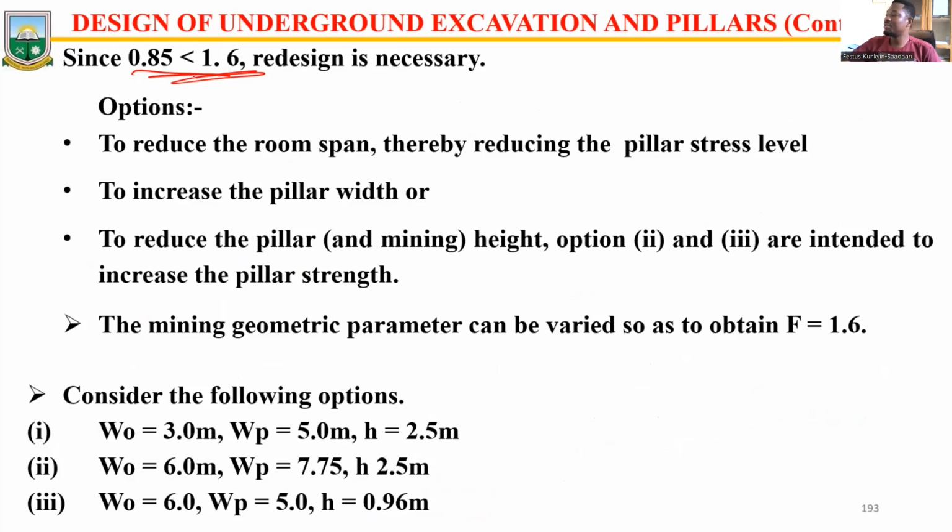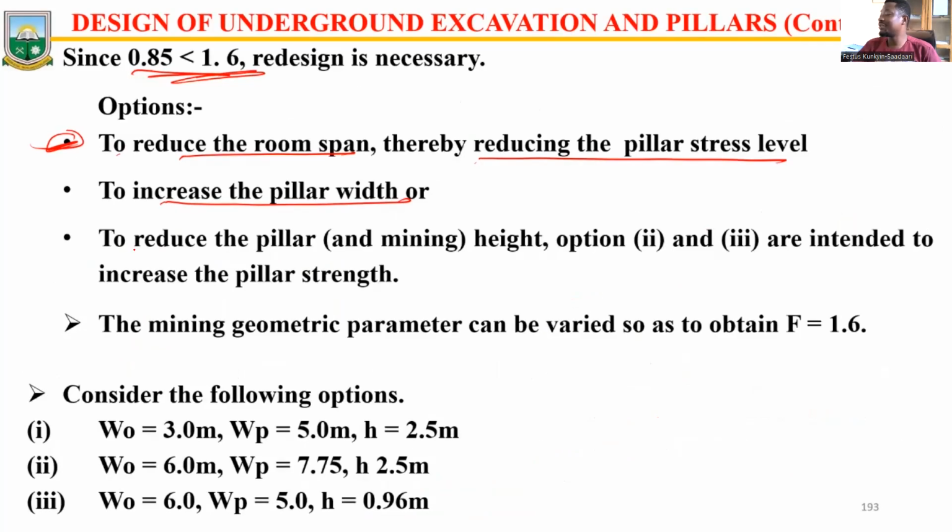Then it means redesign is necessary. Some of the answers you proposed are here. Reduce the room span, thereby reducing the stress level. Increase the width of the pillar. We did, it didn't work. Then reduce the pillar and mining height. Okay, that is also nice.